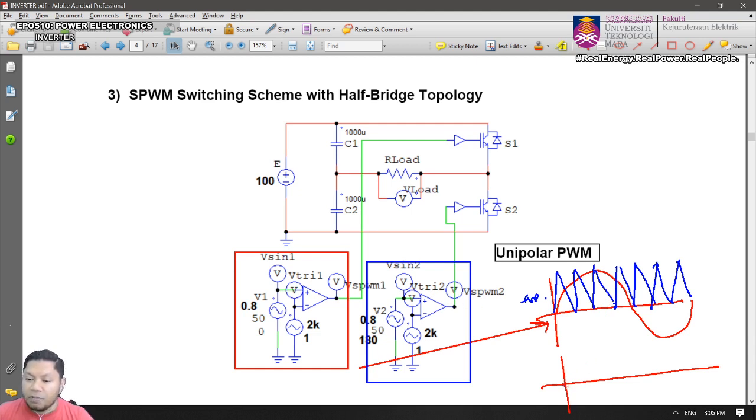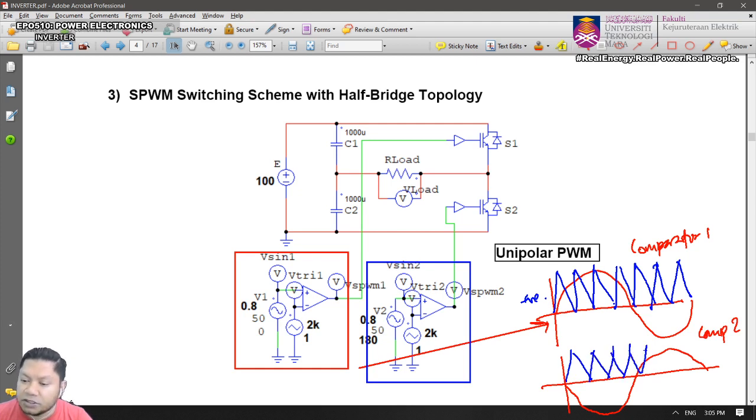So your modulating signal now will be the mirror image of the first comparator. That is different. So this will be comparator number 1, and this is comparator number 2. And therefore you still have the same triangular carrier signal with positive value only.